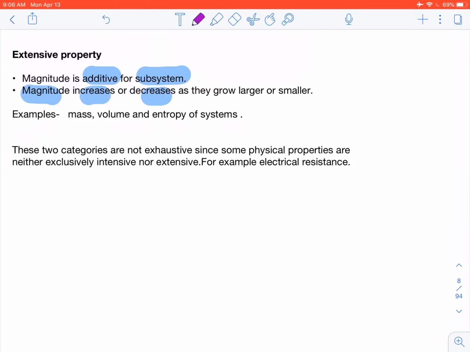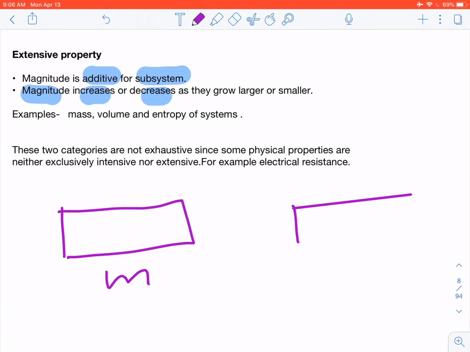Examples of those are masses. If you have an object with a certain mass, and you take half that mass, you'll find that the mass changes, right?